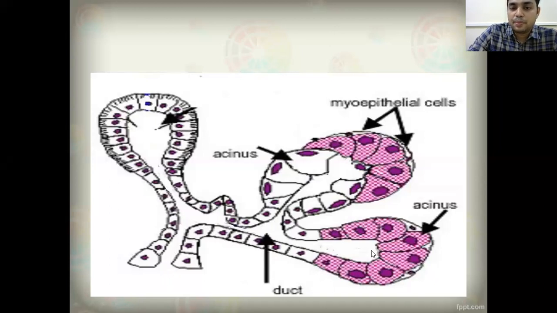So this is a microscopic picture of the lacrimal gland, which mainly consists of glandular tissue, stroma, and septae. The glandular tissue consists of acini, ductules and ducts. These acini are covered by myoepithelial cells. By the contraction of the myoepithelial cells, the tears secreted from the acinous cells are extracted into the conjunctival sac through the ducts of the lacrimal gland.